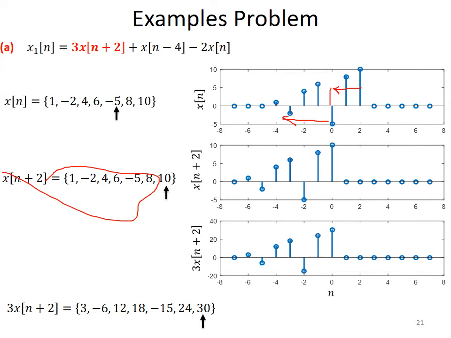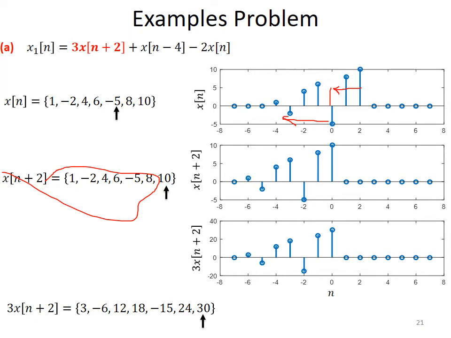Similarly, the sample that was at n equal to 1 would now be at n equal to -1, and the sample like this one would be shifted to n equal to 0 here.